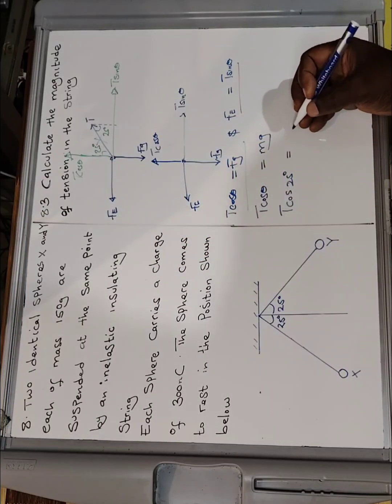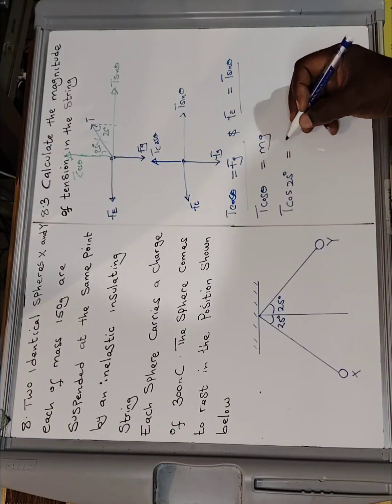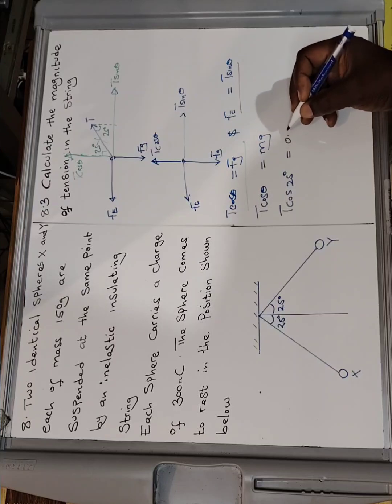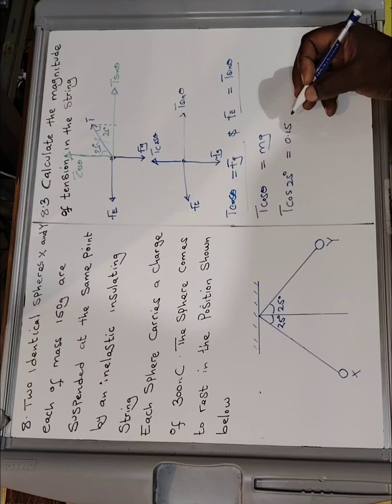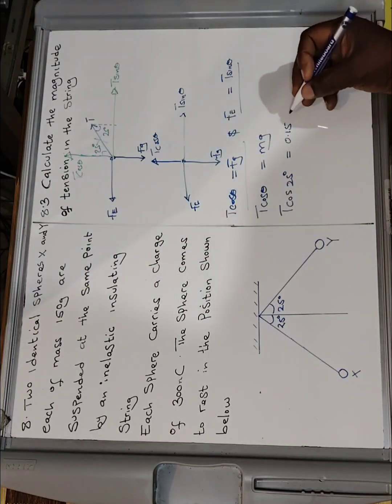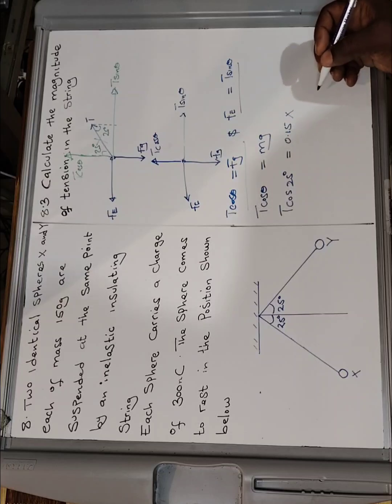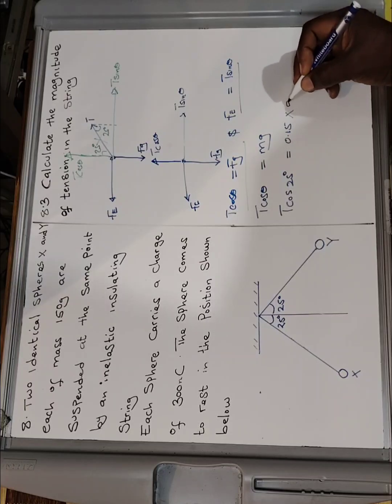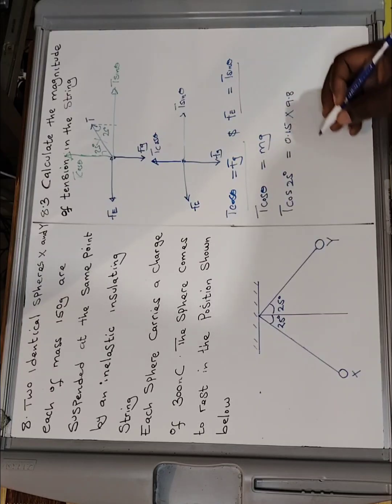If you convert it to kilograms, you divide by 1,000 and get 0.15 kilograms, times g, which is 9.8.